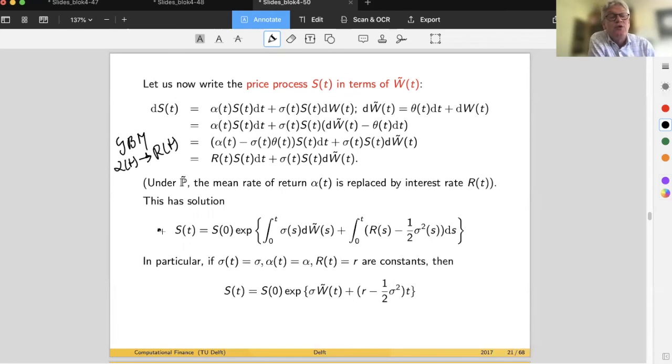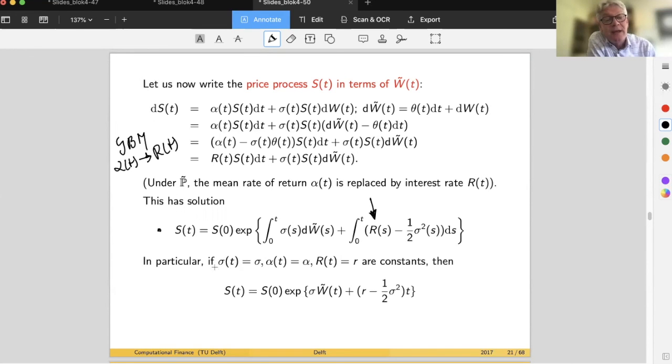This has the solution S_t is equal to S_0 e to the power the integral from 0 to t of sigma_s dW tilde_s, plus the integral from 0 to t of (R_s minus 1/2 sigma_s squared) ds. Note the change here that under this risk-neutral measure, we have this expression.